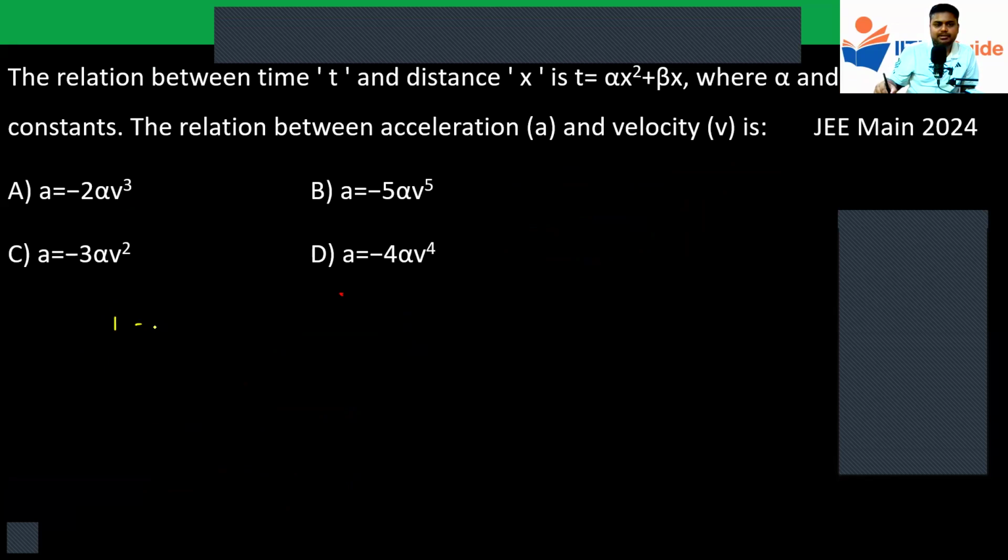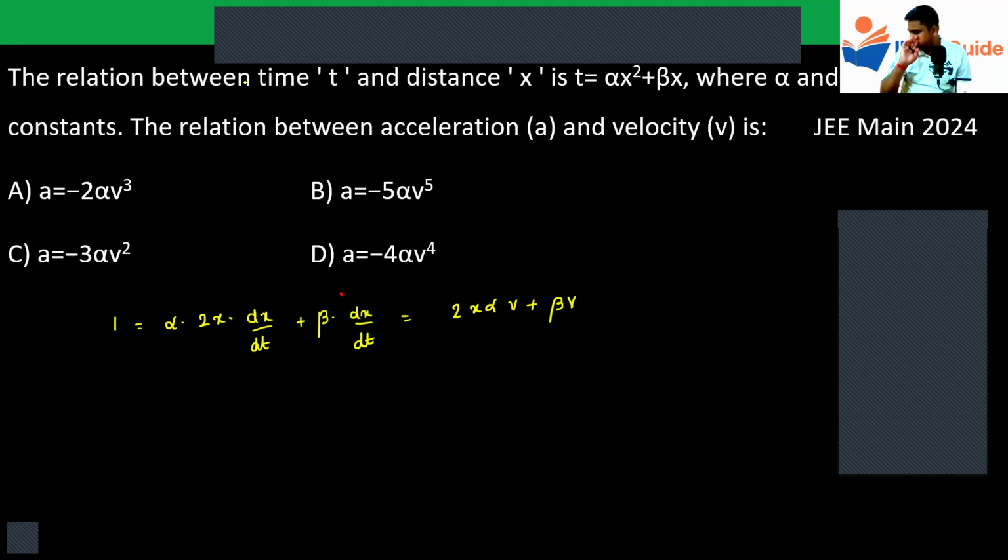We have 1 is equal to alpha into 2x dx by dt plus beta into dx upon dt. dx by dt is v, so therefore this becomes 2x alpha v plus beta v. Again we differentiate.